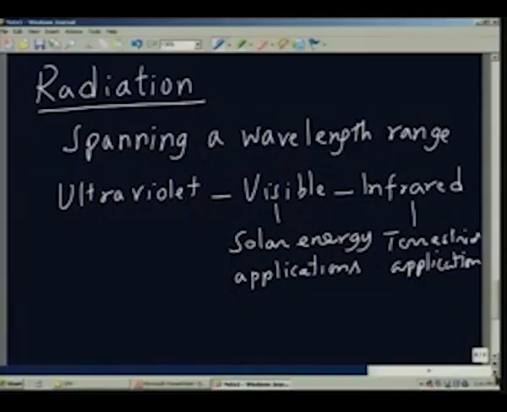Infrared cannot be seen, it can only be felt, and it is important to consider infrared properties of surfaces, because most surfaces we use in engineering applications either absorb, reflect, or emit radiation on their own because of their own temperature. In other words, let us look at the processes which are going to take place.